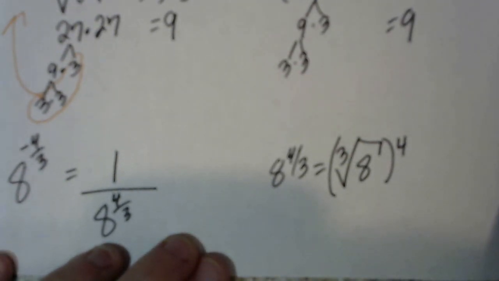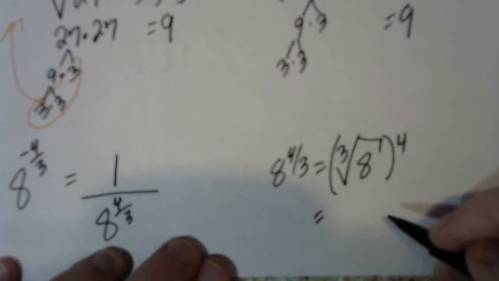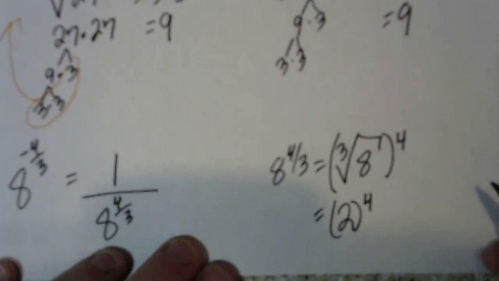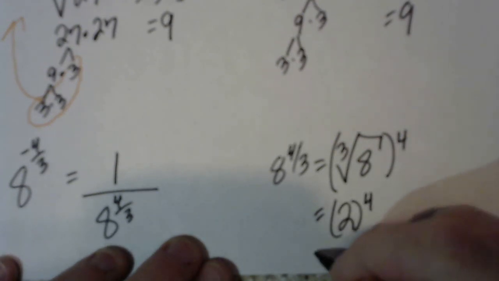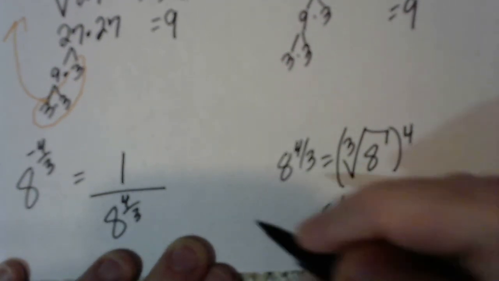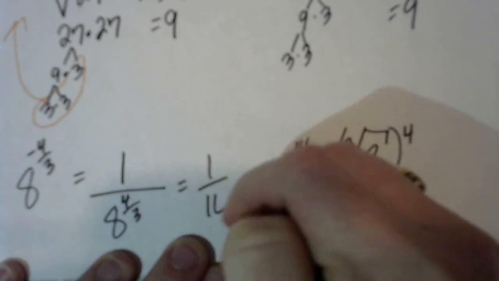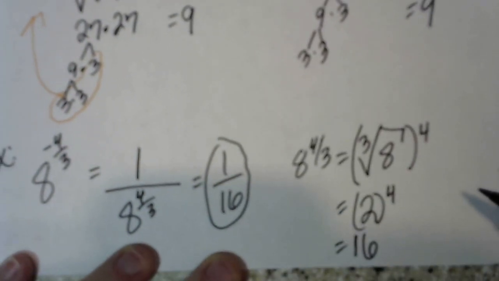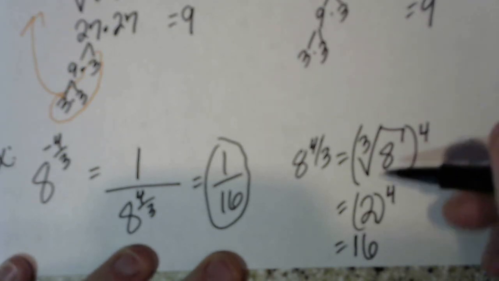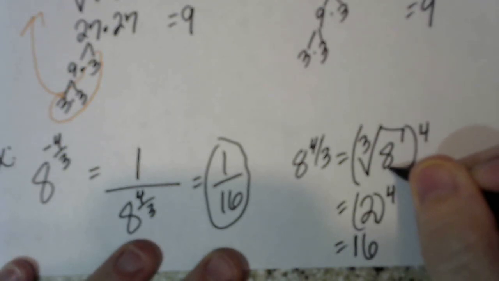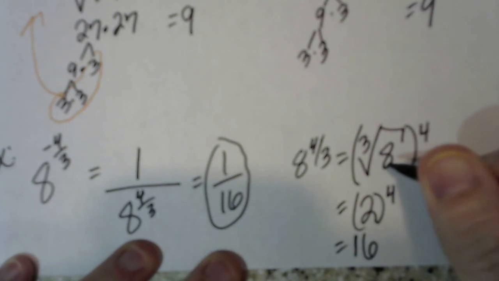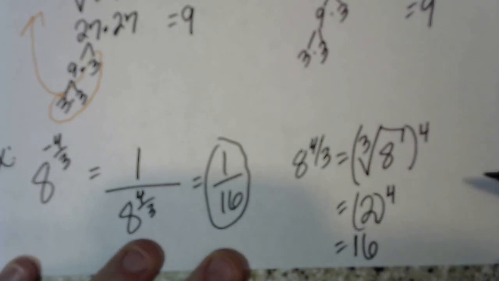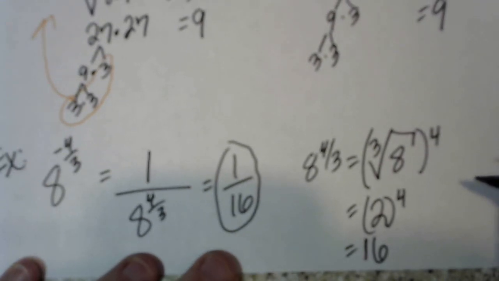Agree? Well, what is the cube root of 8? The cube root of 8 is 2. So 2 to the 4th is 16. So this is going to be 1 over 16. Okay? You can also see that because if I broke this down, we know that 8 breaks down to 2 times 2 times 2. So we can see all those pairs coming out. So that's another reason I did not do the factor tree for this one, since it's just 8.